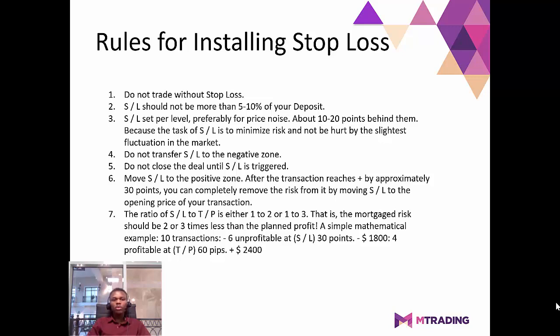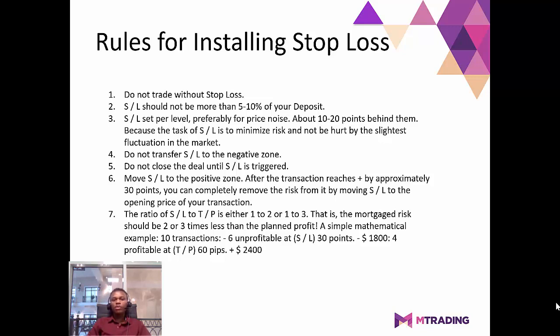That's rule number two. Rule number three, stop loss is set per level, preferably for price noise, about 10 to 20 points behind them. This means that there is this place where the market is moving and back, but it's not showing a visible movement. Now you need to see this place and move 10 to 20 points behind that place.